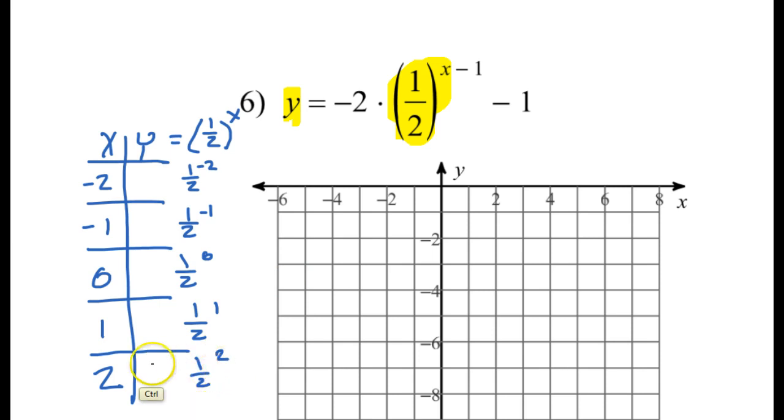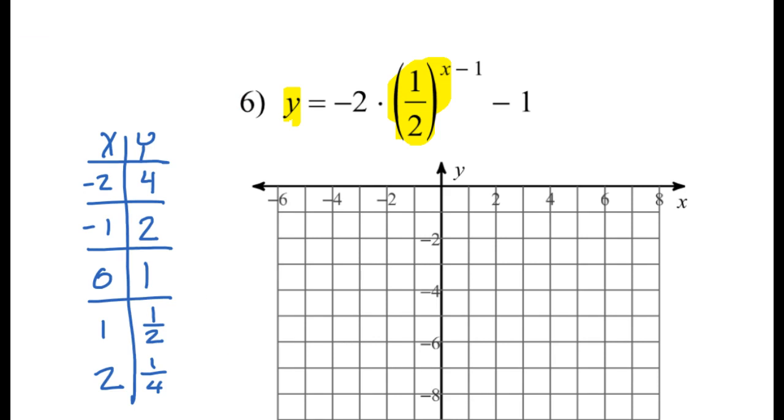Start from the bottom. 1/2 squared is 1/4. 1/2 to the 1 power is just 1/2. Doesn't change anything. Anything to the 0 power is 1. The next two should be the reciprocals of the last two. So this will be 2 and 4. So there's our table of values for the parent function.